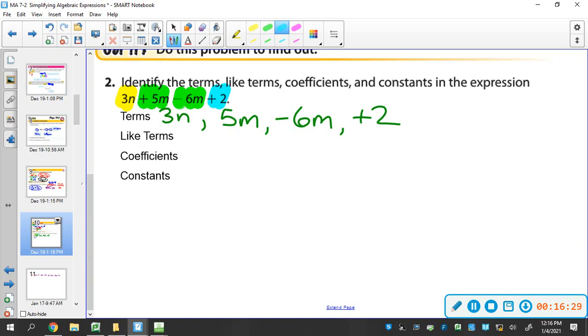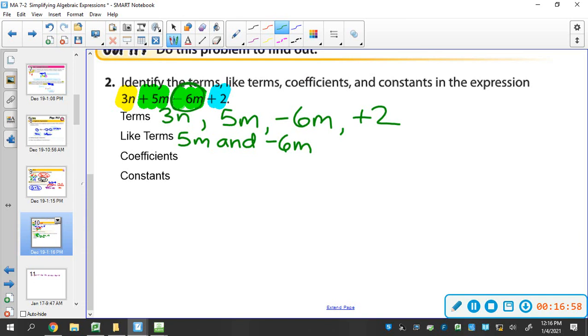So the only like terms I have are my 5m and -6m. I'm sorry, that negative kind of got covered up there, but there is a negative there. It's a subtraction sign, but when we look at it just as the term, so we just look at that part isolated by itself, what I mean by that part is this part right here. Looking just at that as one term, that sign would be a negative instead of a minus there.